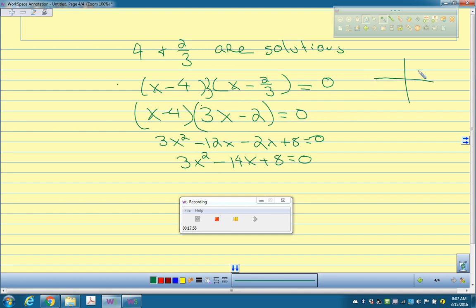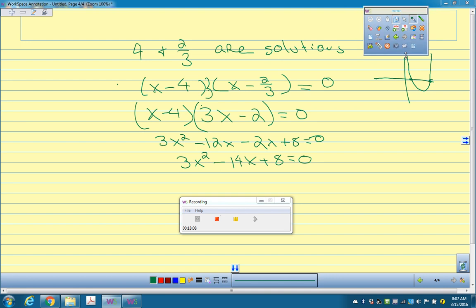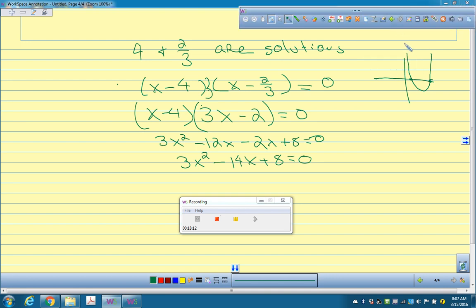Now, if I were to graph this, it goes through 2/3 and 4. And so what the first equation might look like is like that. But if I multiply that equation by 3, it stretches everything. If I multiply everything by 3, it makes the graph go down further and makes it steeper, but it still goes through the same points.